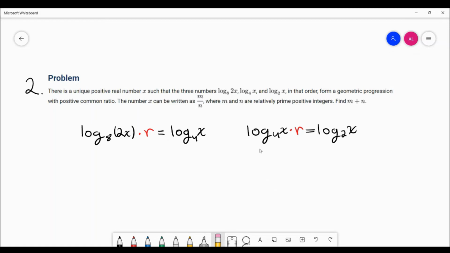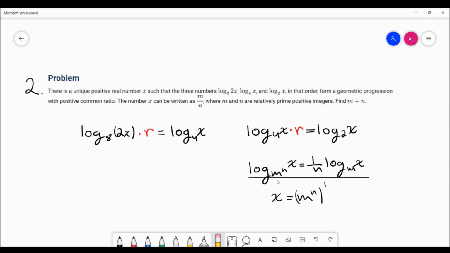So let's first start with this equation, since it only has x's being logarithmed, no 2x's. So first there's this logarithm property that says that log base m to the power of n of x equals 1 over n times log base m of x. And we can make both sides of these equations the exponent of m to the n, and we can basically prove the identity from there via the definition of the logarithm, like this.